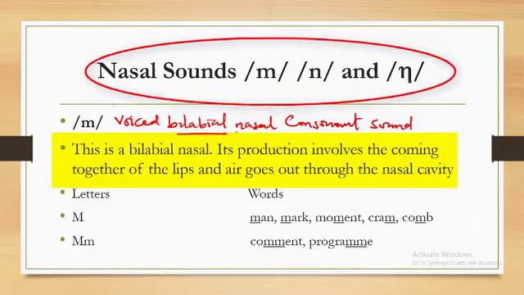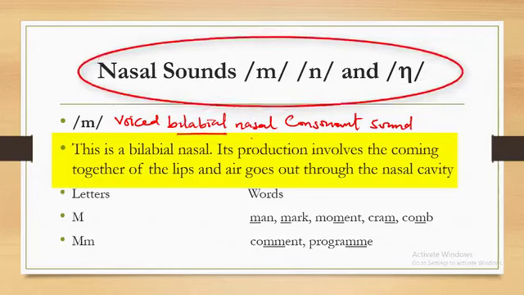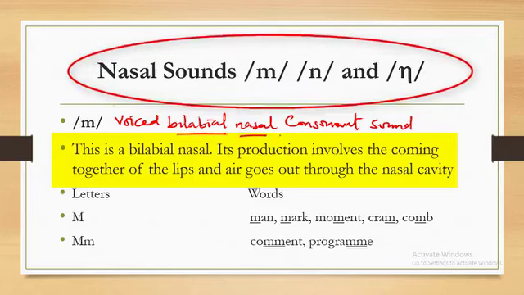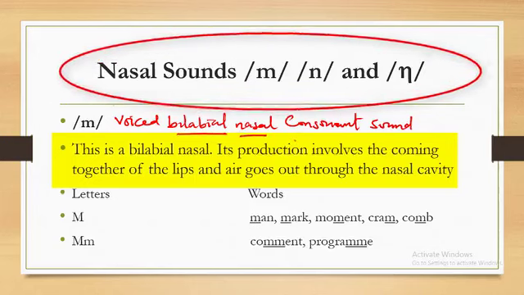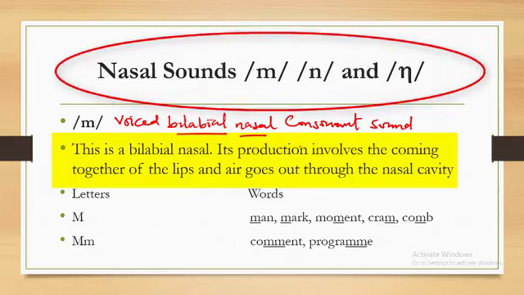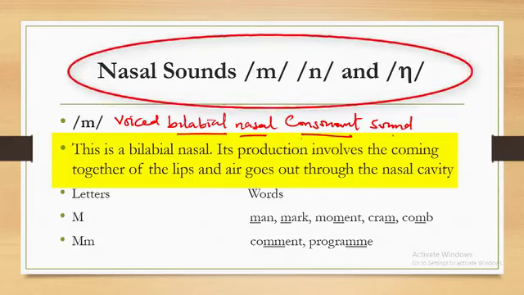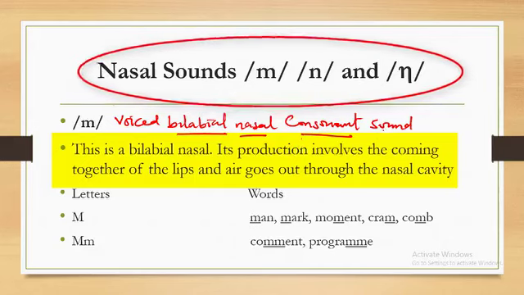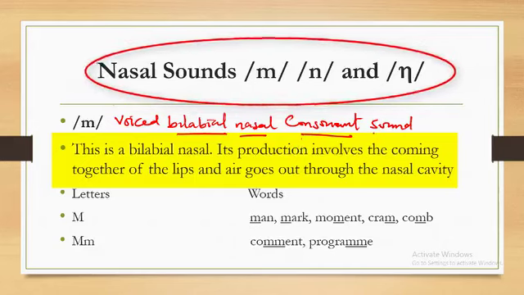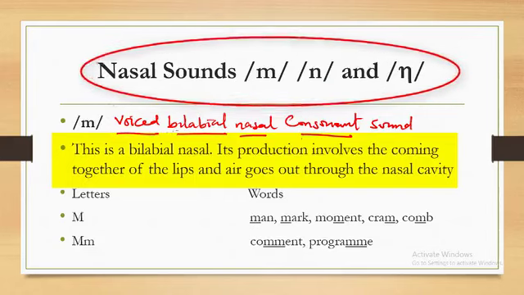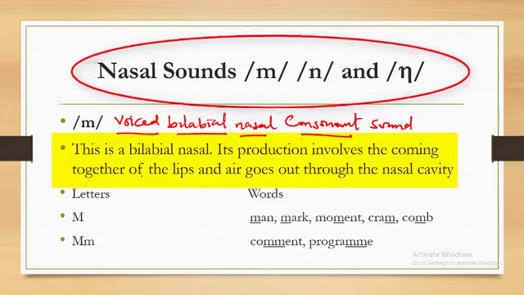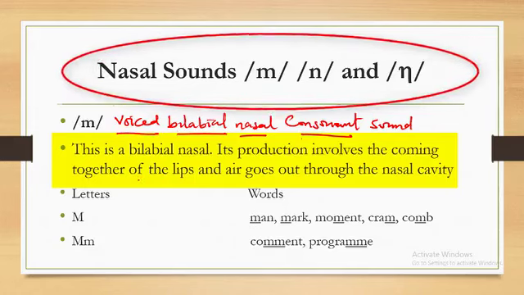Bilabial there means it involves the two lips brought together. Then it's a nasal sound because of the place of articulation, and it's a consonant sound because remember all sounds in English are grouped into either vowel sounds or consonant sounds, and the state of the glottis is that it is a voiced consonant. So we have man.